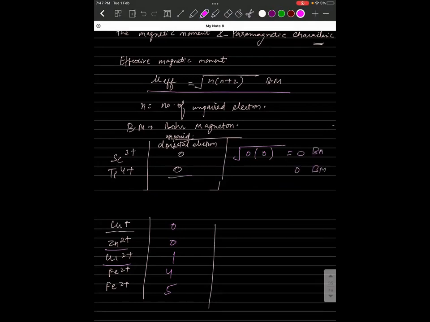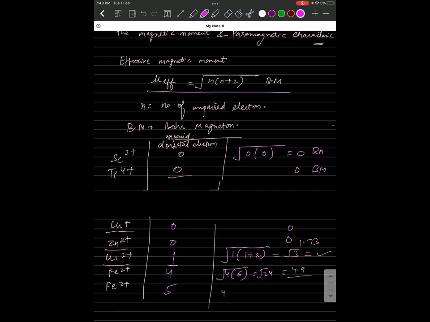Here 1 is there, so under root of 1 into 1 plus 2, so under root 3, that is 1.73. For 4, it will be 4 into 4 plus 2, that is under root 24, which is around 4.9.